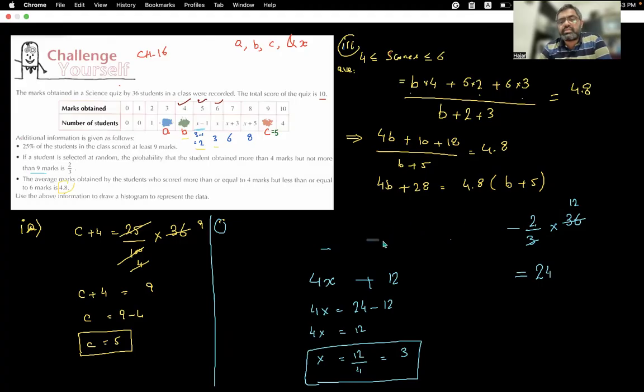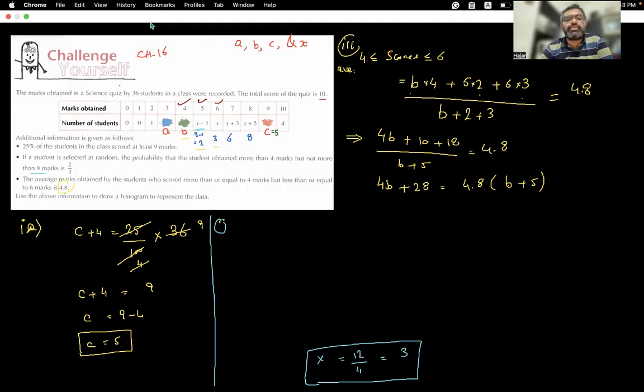I erase this because we have already solved it. I need some empty space over here. X, I keep it here, because we solved it over here. So let's solve it. 4.8 times B is 4.8B, plus 4.8 times 5, which is going to be 24.